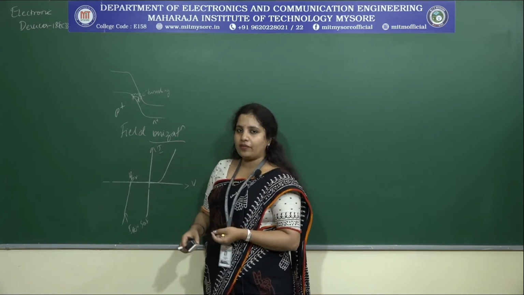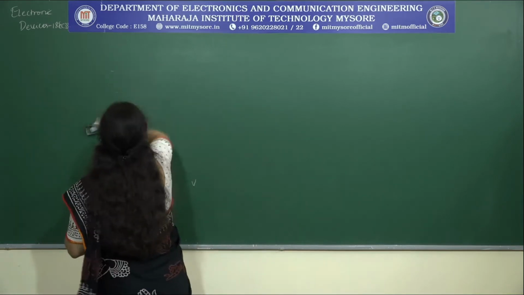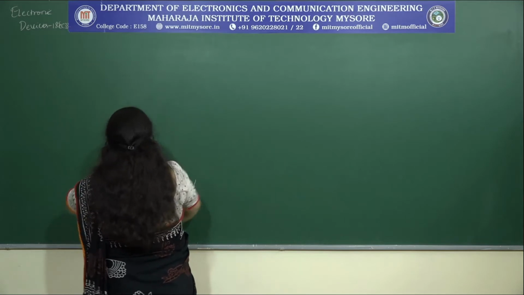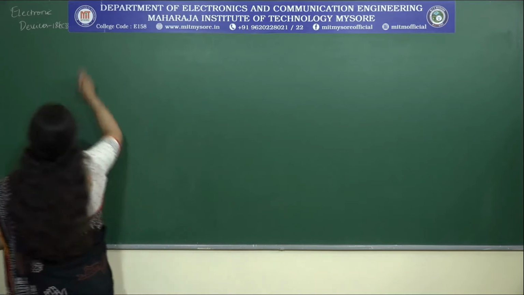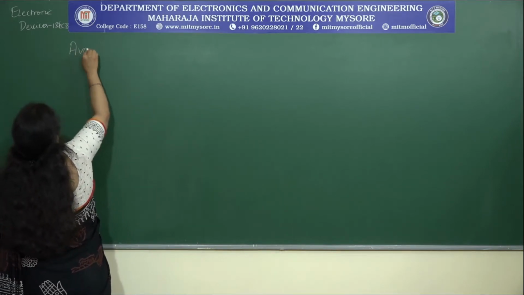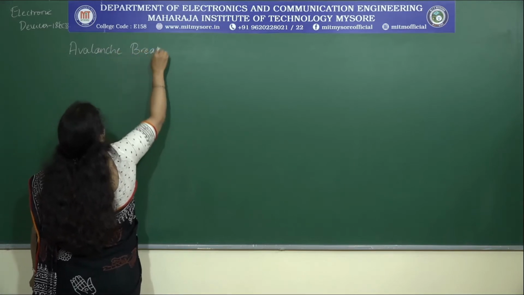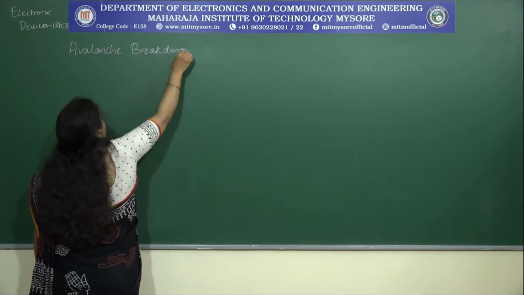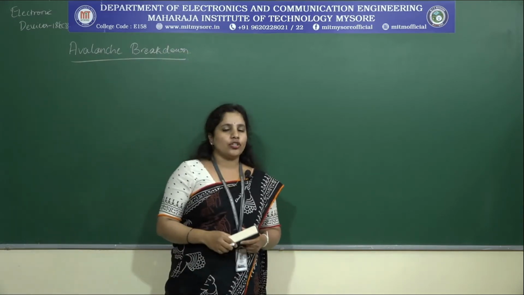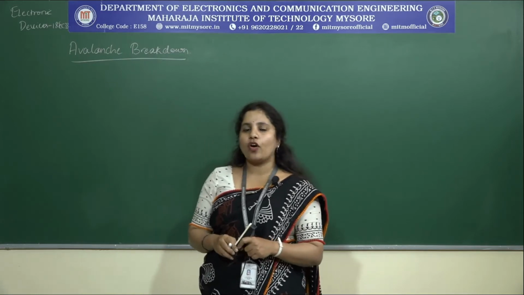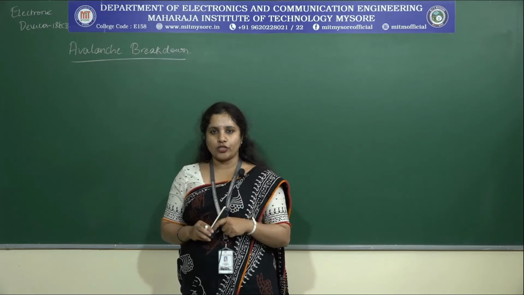Now let's look into the Avalanche breakdown. As I mentioned, Avalanche breakdown happens for voltages ranging from a few volts to thousands of volts.